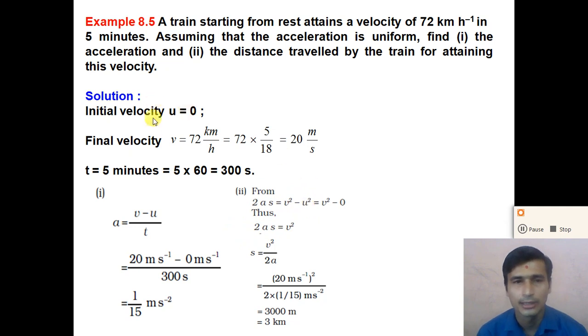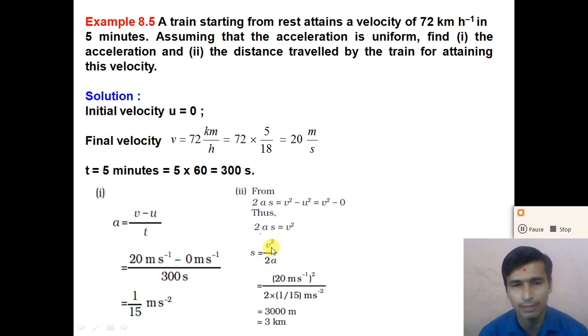But here the initial velocity u is equal to 0, so we write 2as is equal to v square. From this formula we can calculate s is equal to v square by 2a.